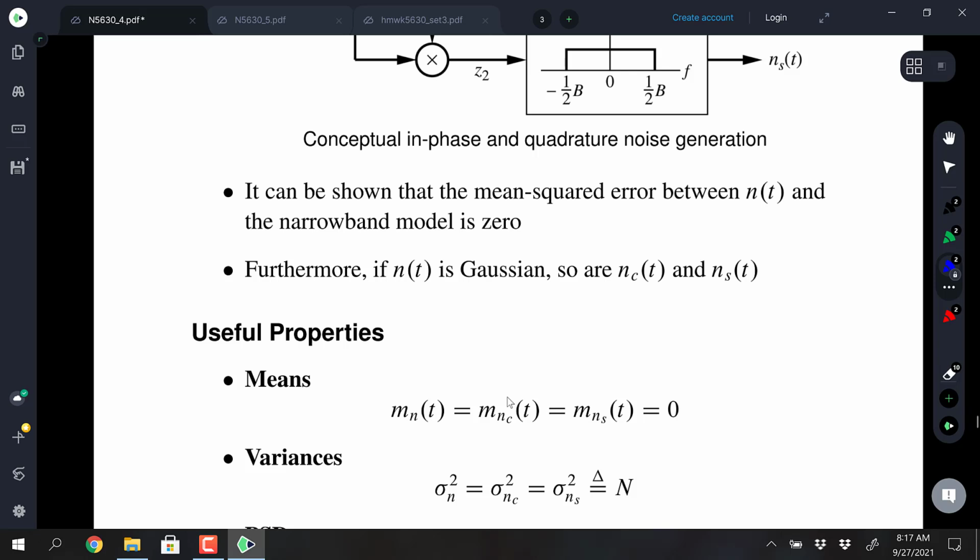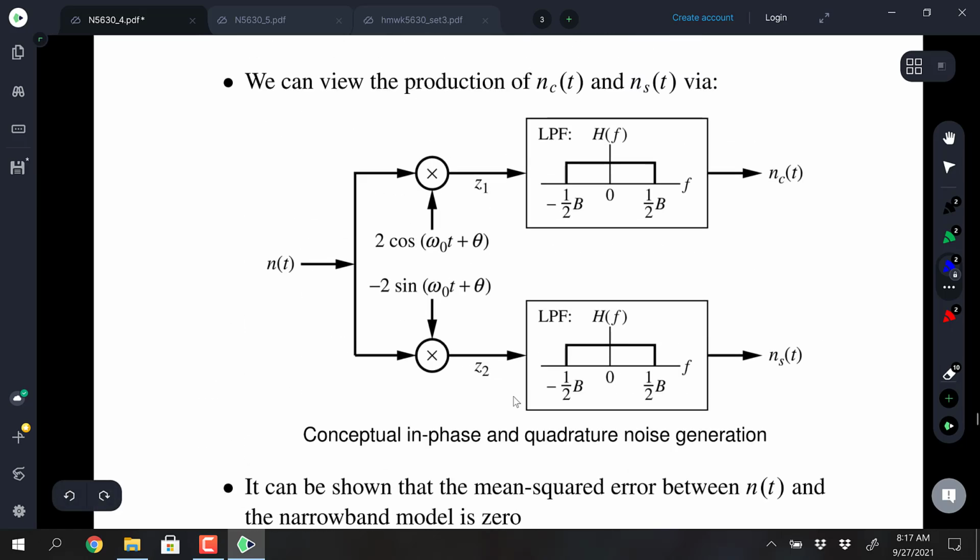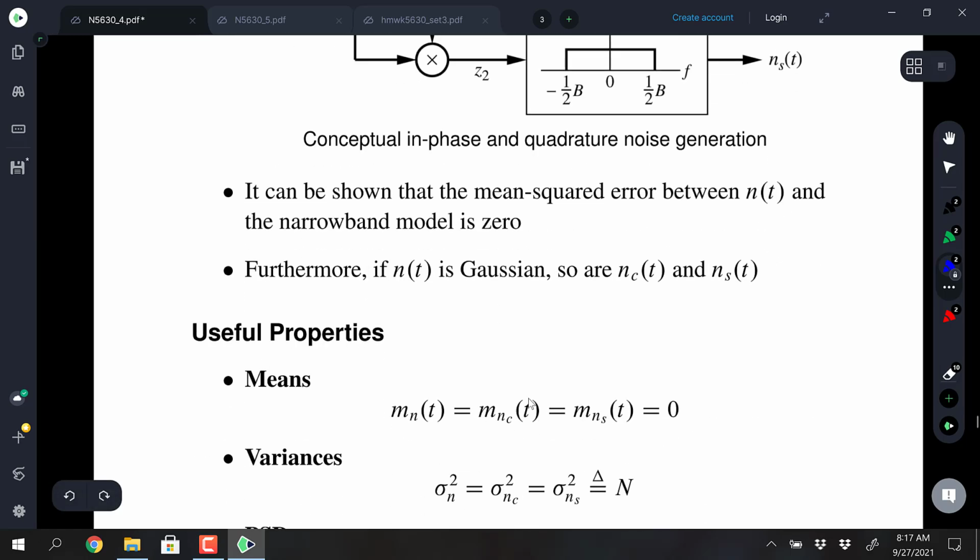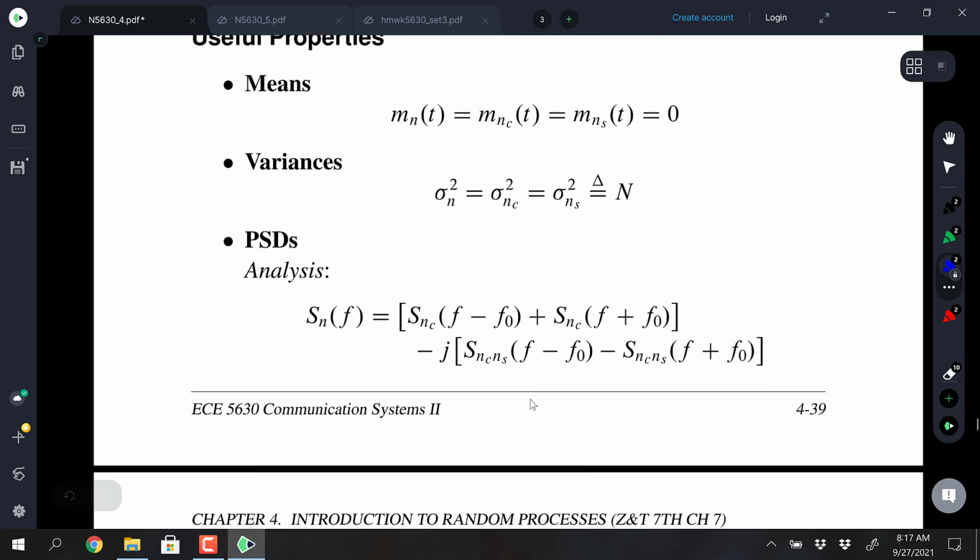So now the statement is that the mean squared error between n(t) and the narrowband model is 0. That just means if we synthesize it or we analyze it, whichever direction we're going to go, it'll be exact in the mean squared error sense, meaning that the error between the original and the synthesized one through this process will be zero.